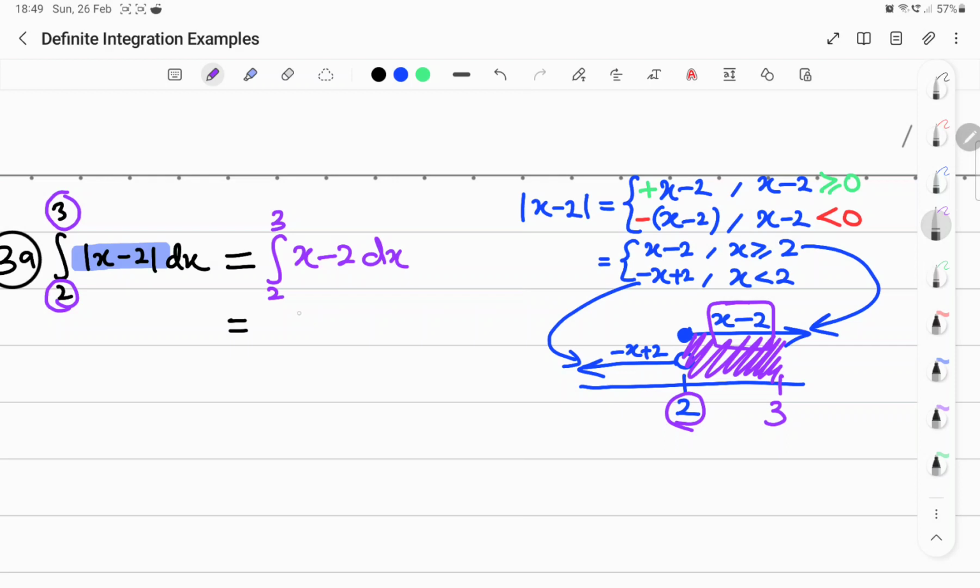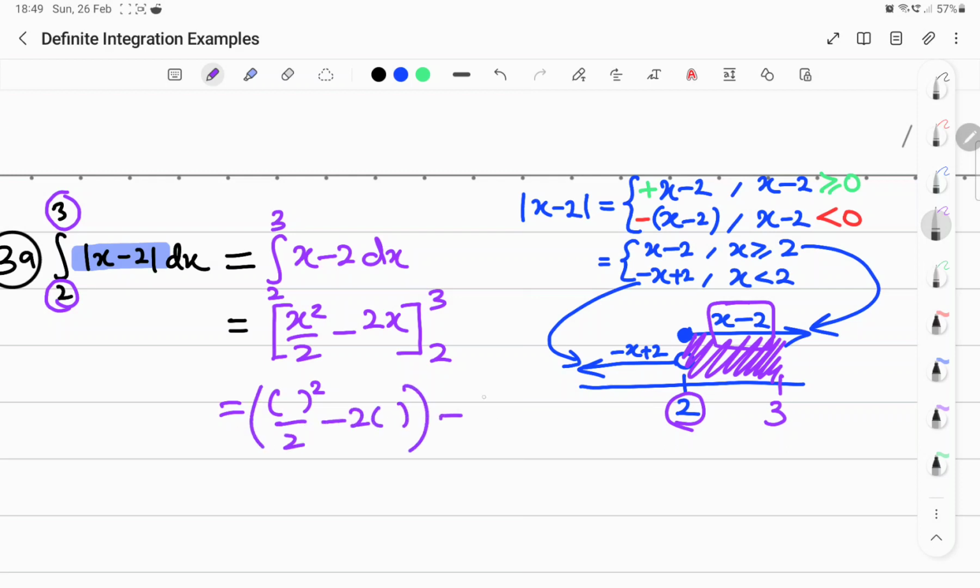And then just proceed. So the integral is x squared over 2 minus 2x, and then put everything in a big box with their limits over here, and then replace them. Open bracket, square, over 2 minus 2 open bracket.